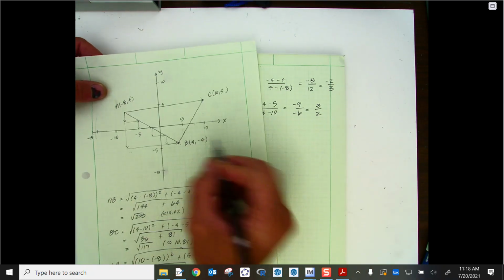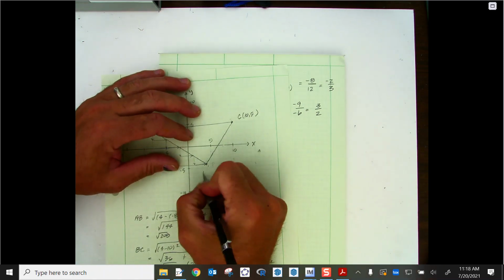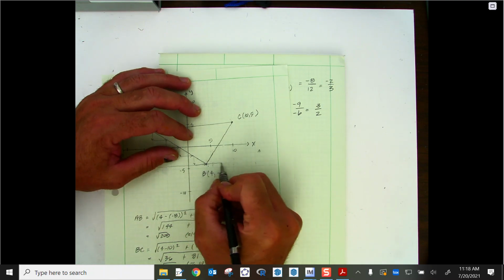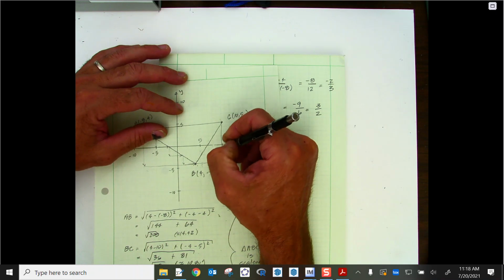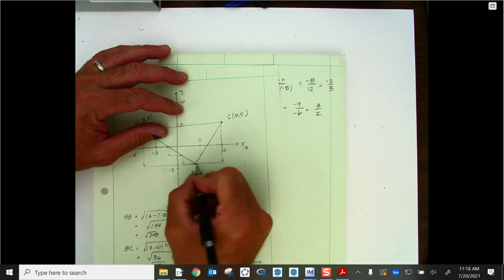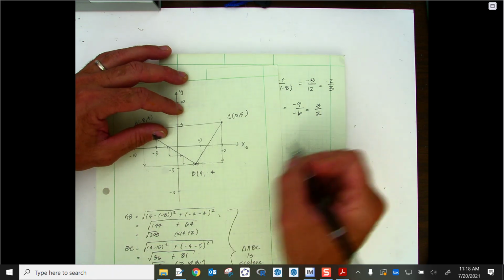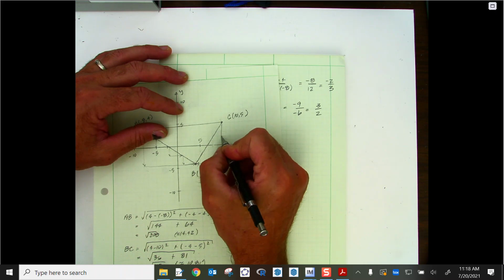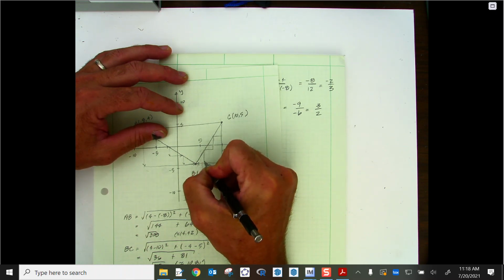Let's make sure everybody understands what's going on as far as the picture goes. Let's move our label for B to 4 comma negative 4. In going from C to B, I go down this many and back this many. That's 9 and that's 6. But apparently there were 3 of them in there, each a 3 and a 2. So we could go down 3 over 2, down 3 over 2, down 3 over 2.